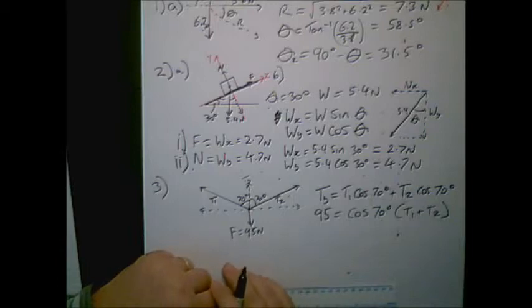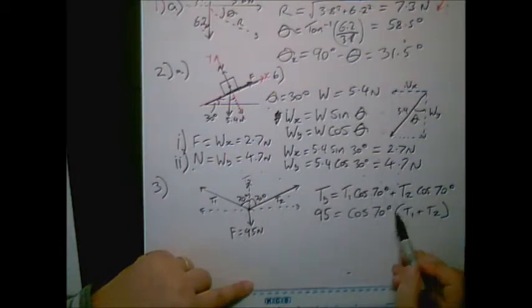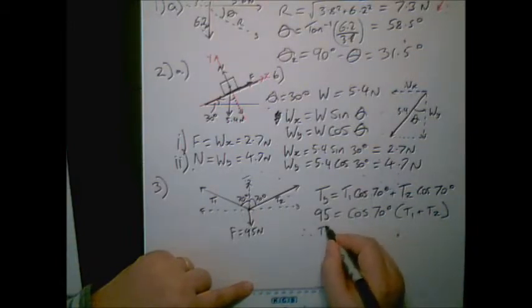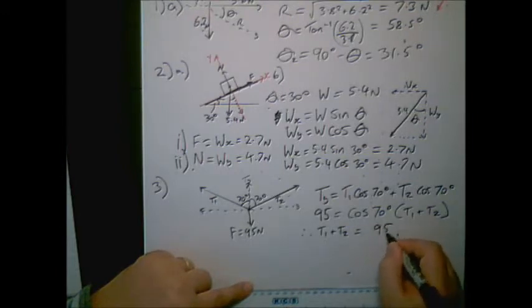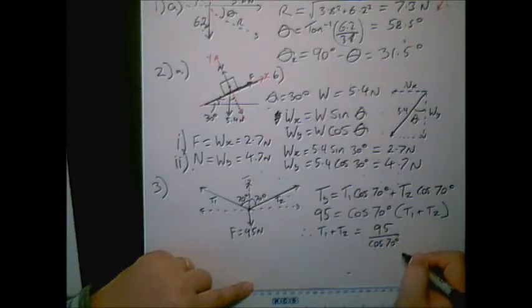So there's a bit of maths there. If you multiply this in, you get this times this, so it gives you T1 cos 70 plus this times this, T2 cos 70. So all we've done is take the cos 70 back out, and therefore you can say that T1 plus T2 is equal to 95 divided by cos 70 degrees, which works out to 278 newtons.